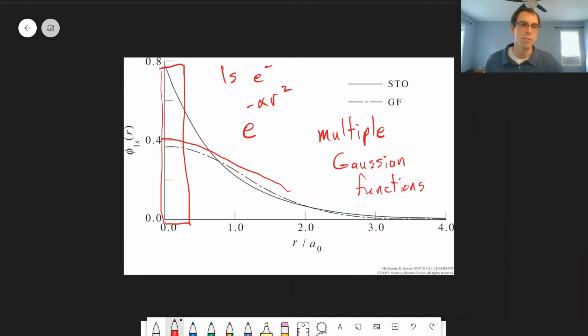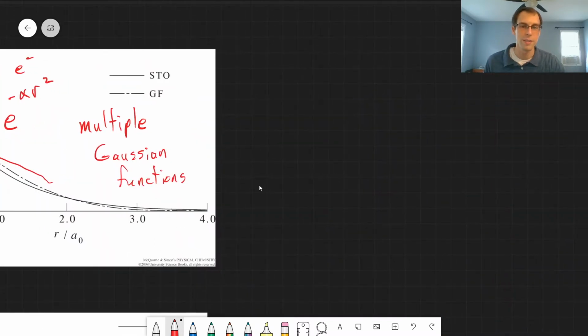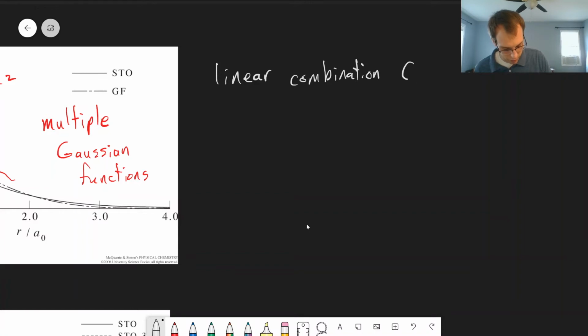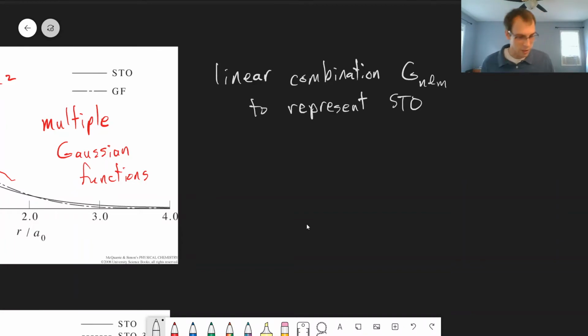Essentially what we do, let me give myself some space to write this, is we have a linear combination of our Gaussian functions to represent our Slater type orbital. So we might have something that looks like that. One of the common ones is what's known as STO-3G, which uses 3 Gaussian functions to represent one Slater type orbital.